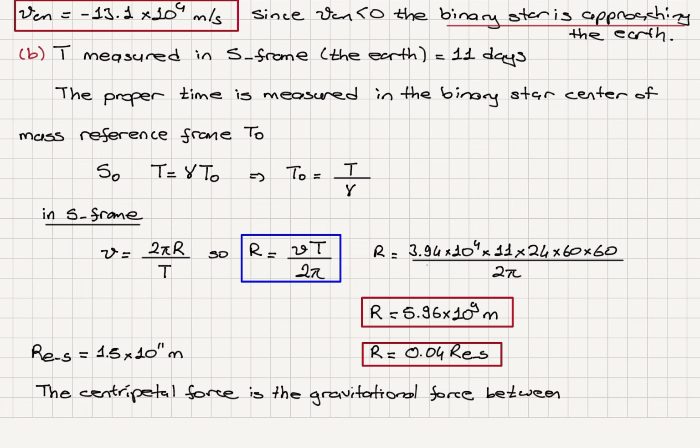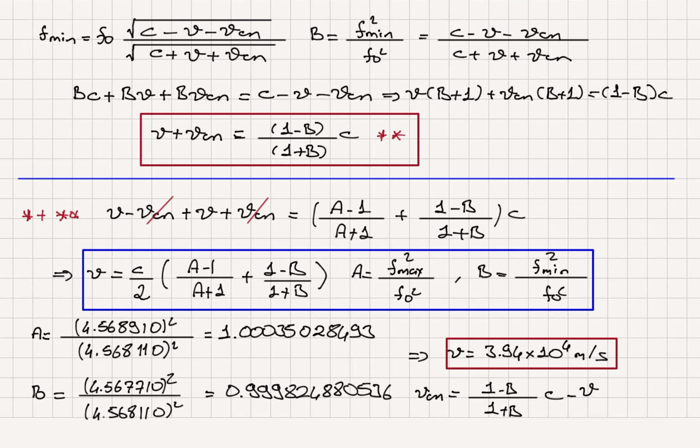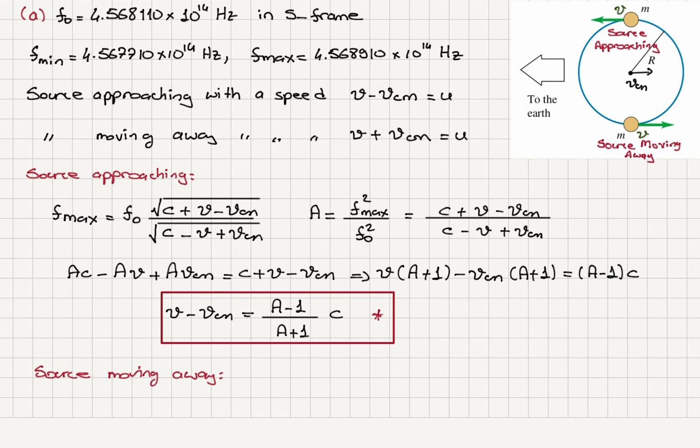So I need to account for the centripetal force by considering the gravitational force between them. Now these two stars have exactly the same mass, and they're at a distance 2R from each other, and gravitational force is an attractive force. It will point towards the center for each star.